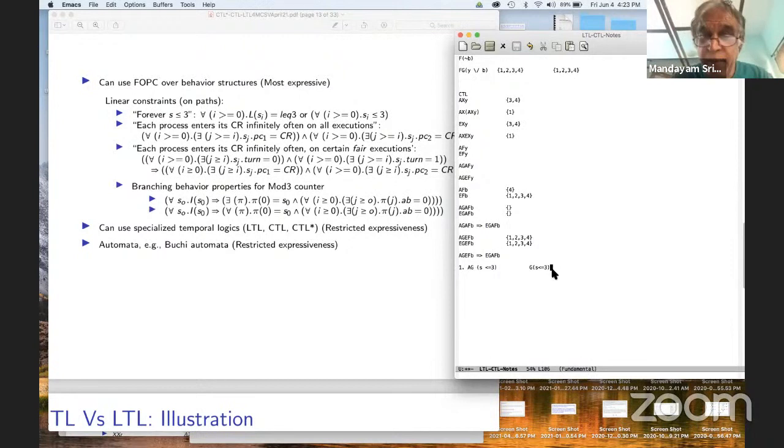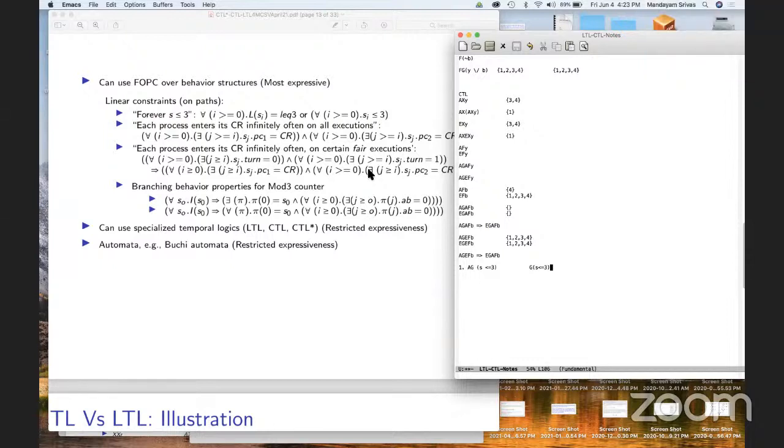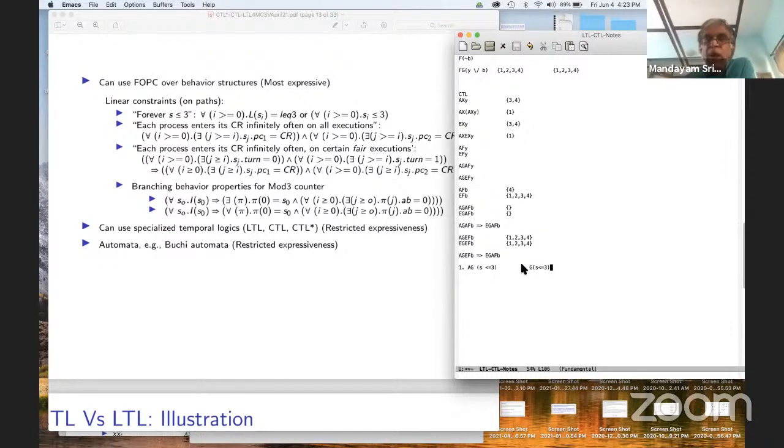Are you okay? So do you agree? As an LTL formula, it is G of S less than or equal to 3. Any questions there? I think it's fine, because you should view this now as me specifying these properties for behaviors of this transition system.